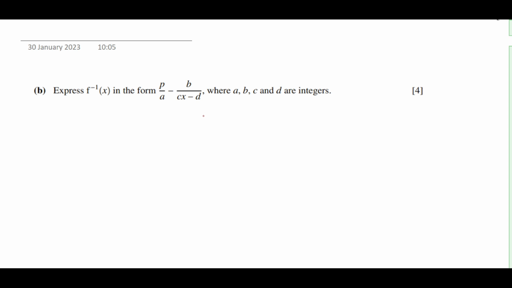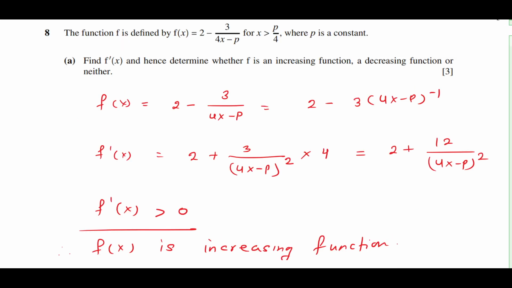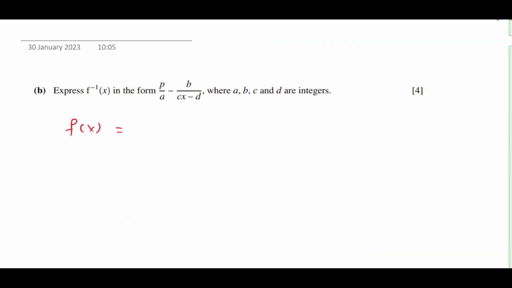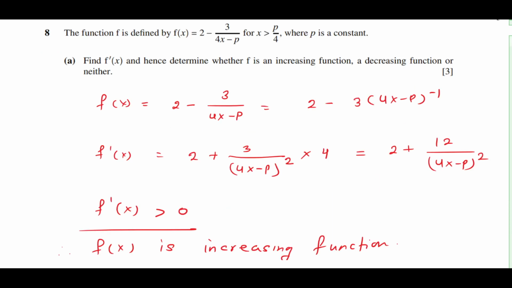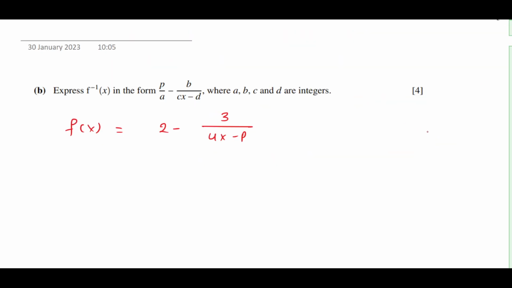Now second, we have to express f inverse x in this particular format. So f(x) is equal to 2 minus 3 divided by 4x minus p. I have to find f inverse x.